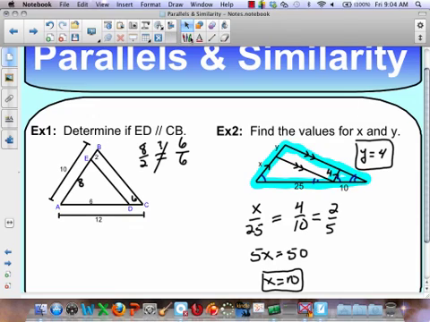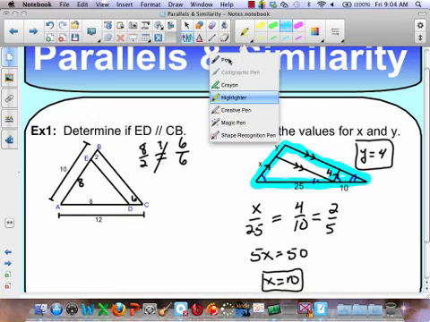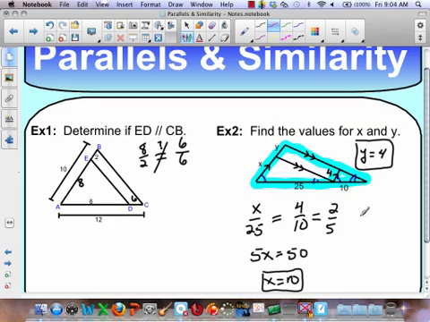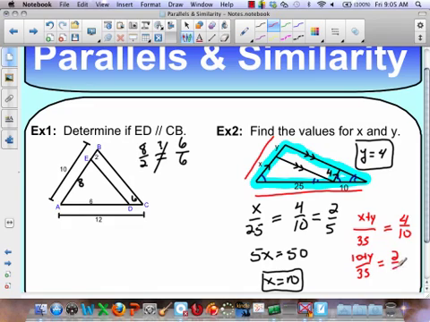So we could set up a different proportion where x plus y over 35. Notice it's the whole side over the whole side would equal 4 over 10. Now what was x? And so we have 10 plus y over 35 is equal to 2/5.